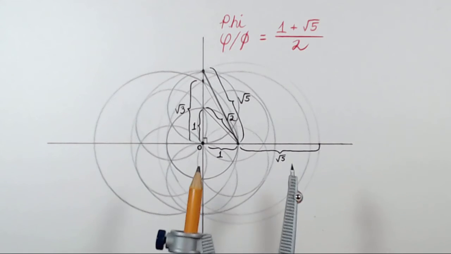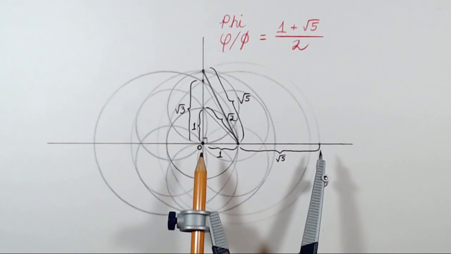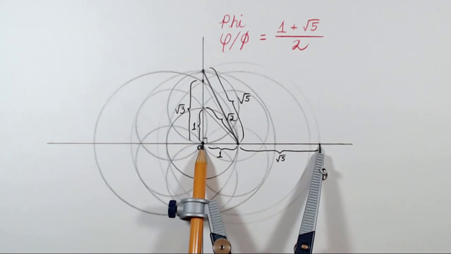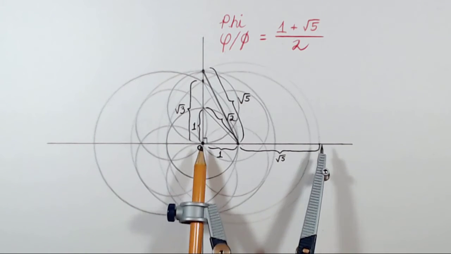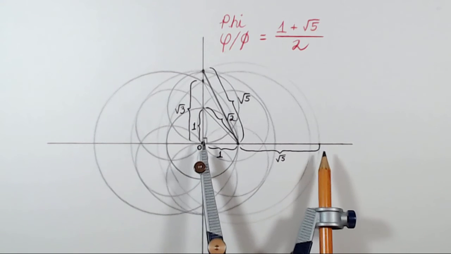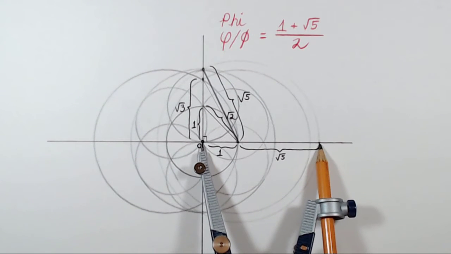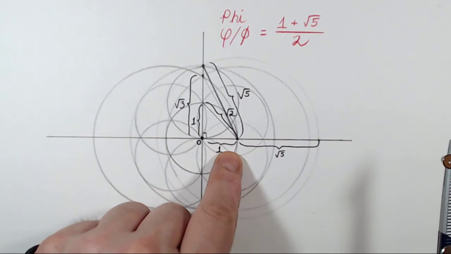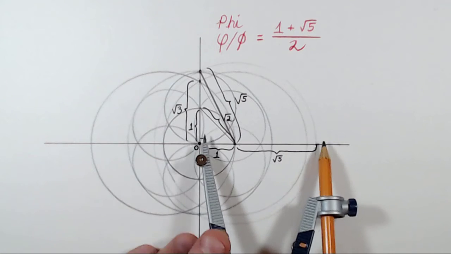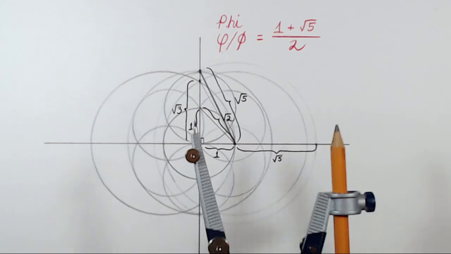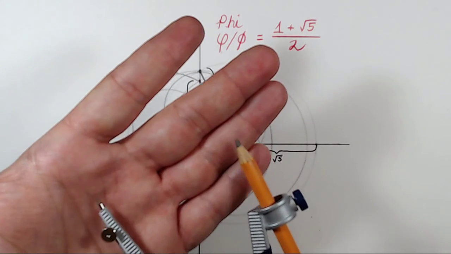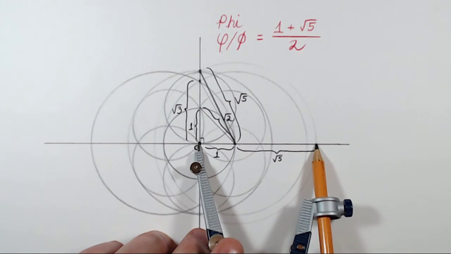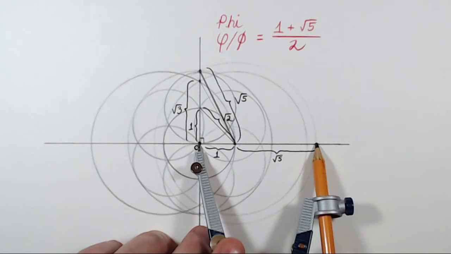Well, let's proceed to make our compass equal to this distance, 1 plus square root 5. All right? Oh, we can flip the compass around to where the pencil lead is where 1 plus square root of 5 is. That's distance 1 plus distance square root 5. And I've made it 1 plus square root 5. That's the distance of the compass.